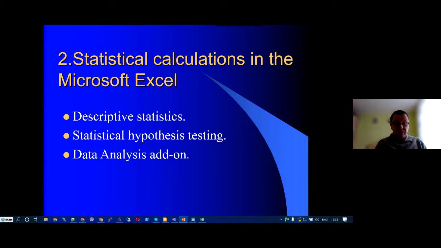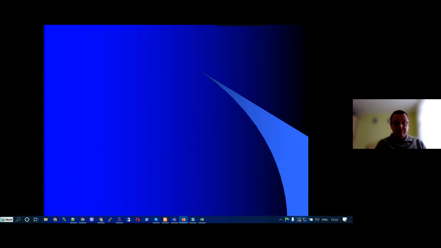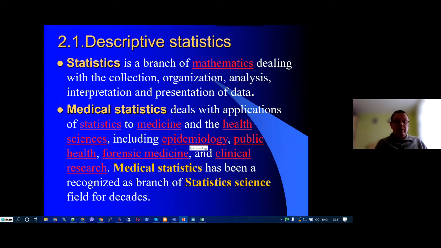Let's start with a brief definition of statistics and review what descriptive statistic itself is. So, by definition, statistics is a branch of mathematics which deals with collection, organization, analysis, interpretation, and presentation of various data. In fact, it is an independent scientific area for studying and research now.